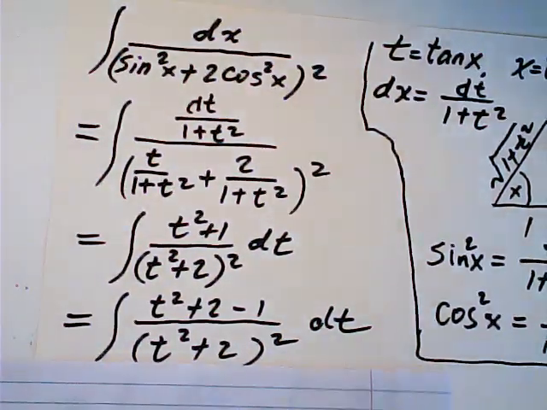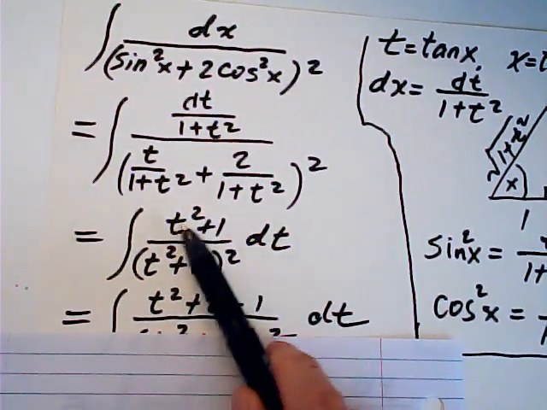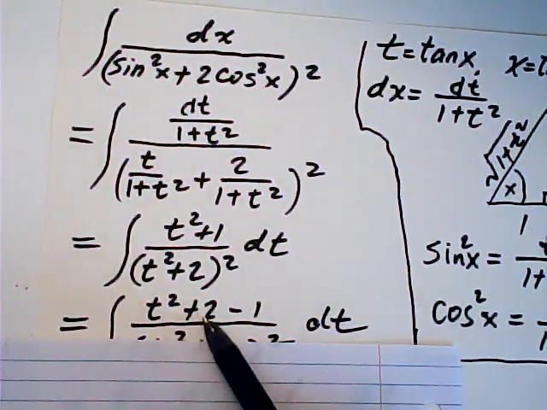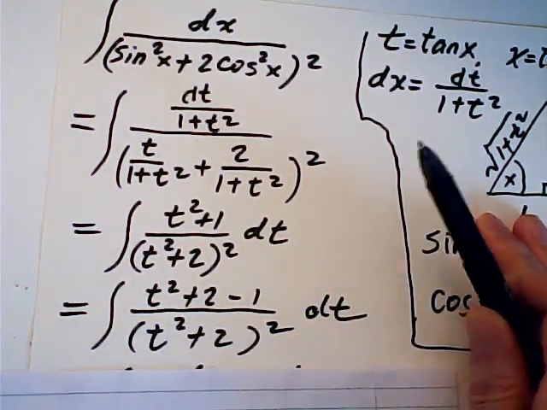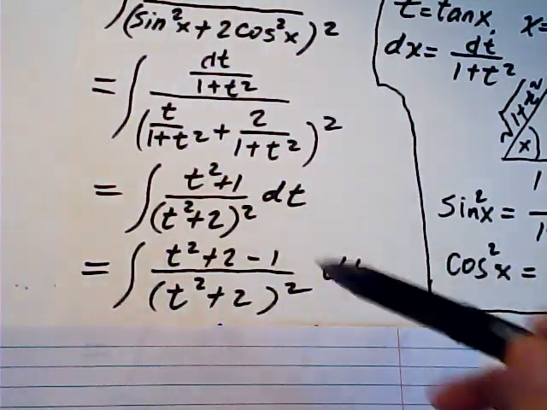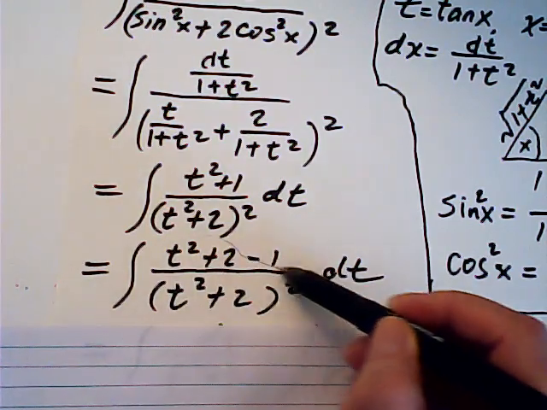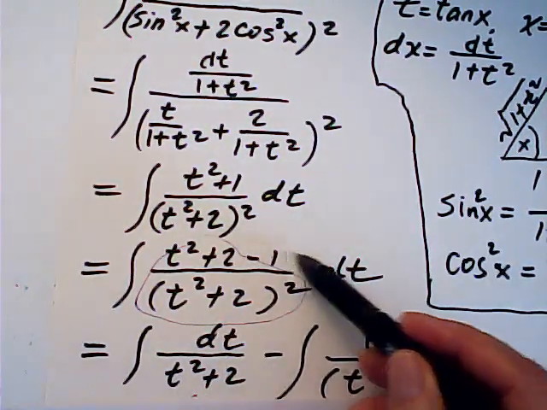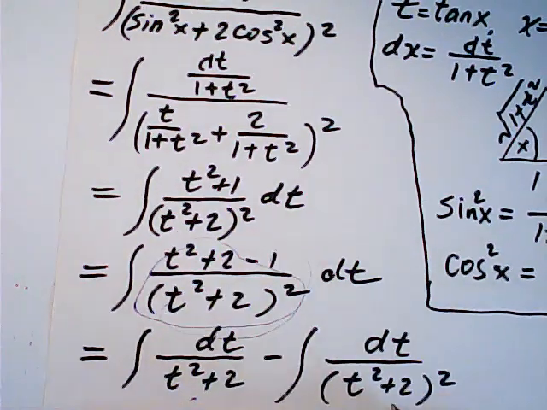Not yet. t squared plus 1 becomes t squared minus 2 plus 1. And this over this is this. This over that is this.